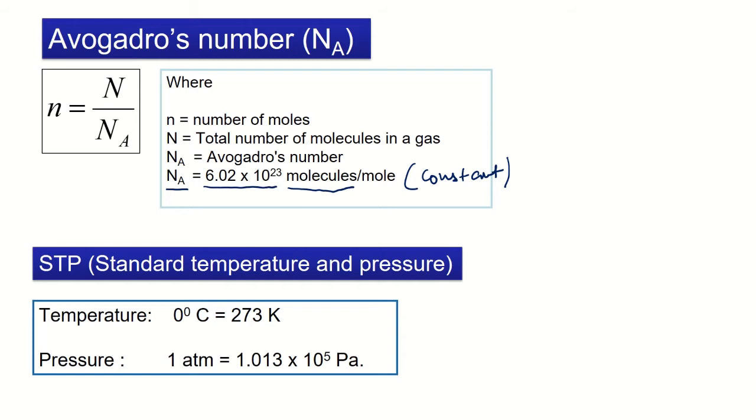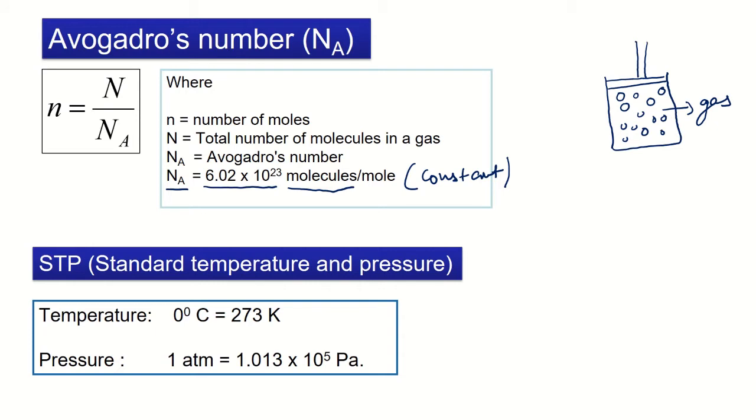So what is the meaning of this? If I say I have one cylinder, this is the pump of the cylinder, and in this cylinder there is some gas inside. So these are the gas molecules like this. So this is the gas cylinder.